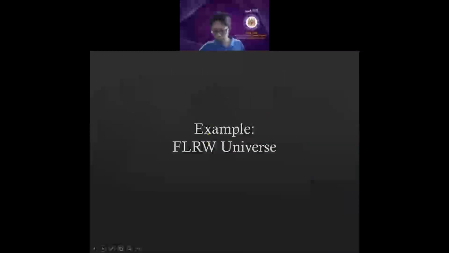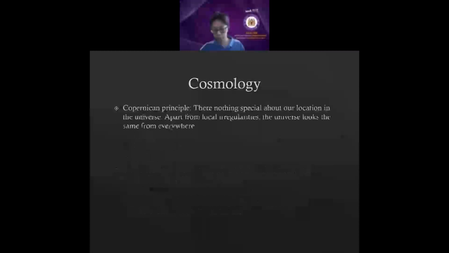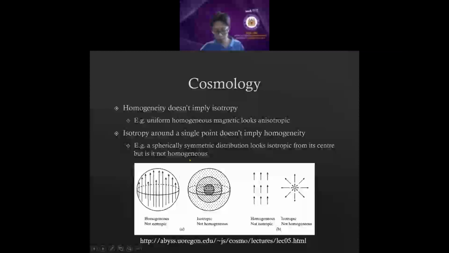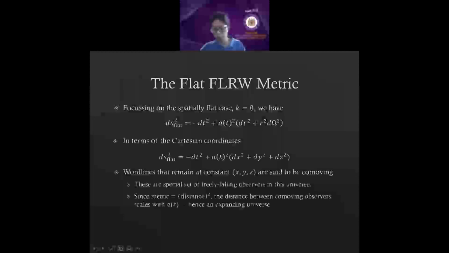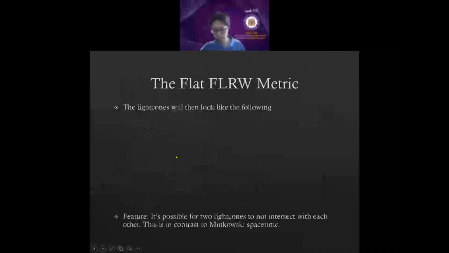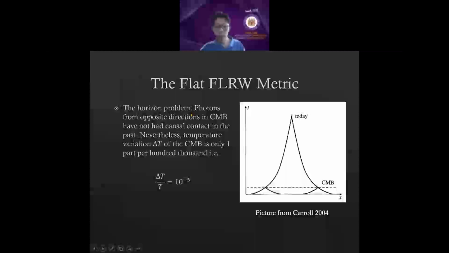Okay, I don't think I have time to talk about the cosmology part, so I'm just going to skip through. Just wanted to say that we can also do the same thing with the metric describing the universe as a whole. If you analyze the causal structure, the light cones, on this space-time, you would encounter what is known as the horizon problem.